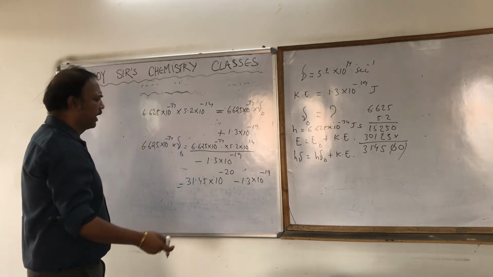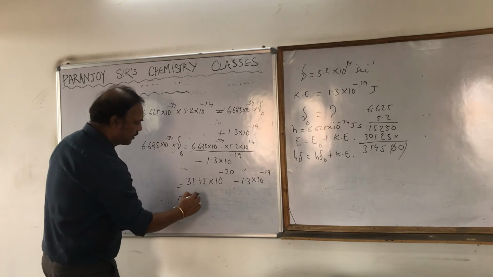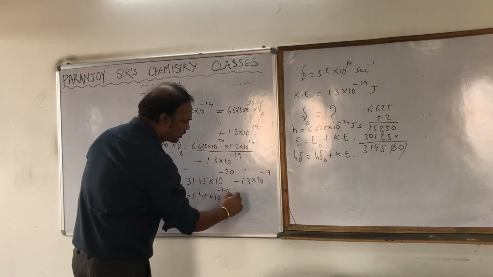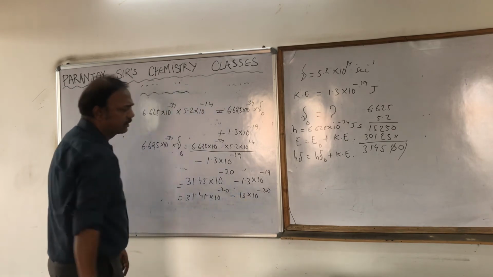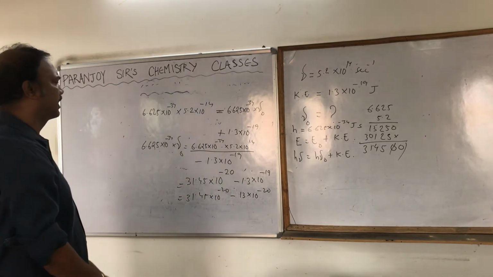So let me make it 31.45 into 10 to the power minus 20 minus 13 into 10 to the power minus 20. What we did, we just made the power the same, nothing else.